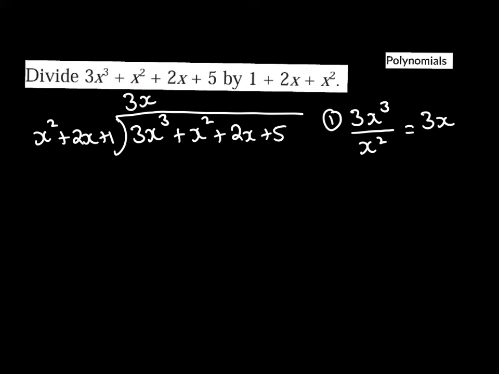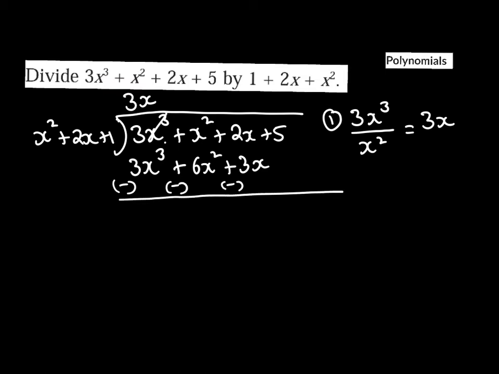3x times x squared is 3x cubed plus 3x times 2x is 6x squared plus 3x times 1 is 3x. Then we subtract. So we land up with x squared minus 6x squared is minus 5x squared. 2x minus 3x is minus 1x.